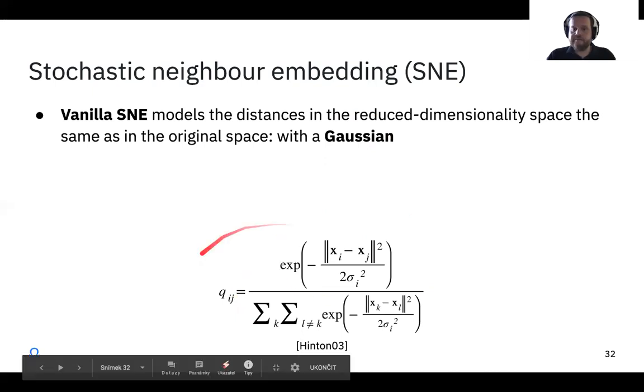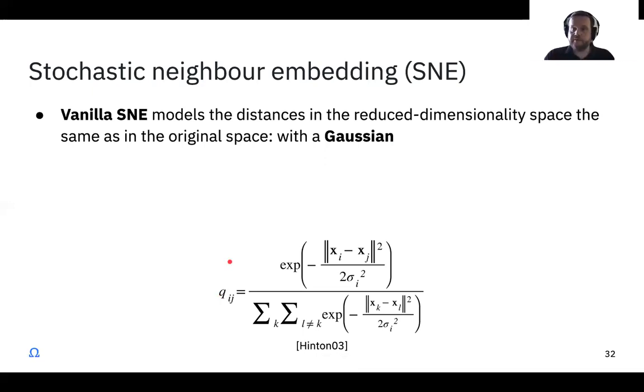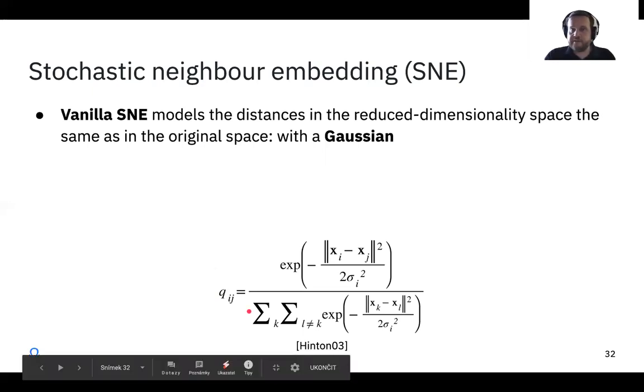So this is just a final formula for the q's, which are the probabilities in the reduced space, the distances in the reduced space, and we're trying to preserve that structure, right? So this is how we're going to get the distances in the reduced dimensionality space.